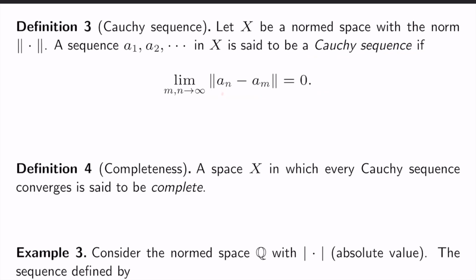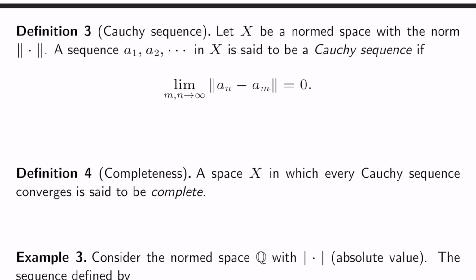So the difference between two different terms in the sequence, as these indices m and n go to infinity, converges to 0. So if this is satisfied, this sequence is said to be a Cauchy sequence. Then we define the completeness of a set. A normed space in which every Cauchy sequence converges is said to be complete.